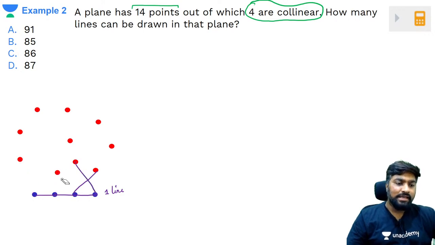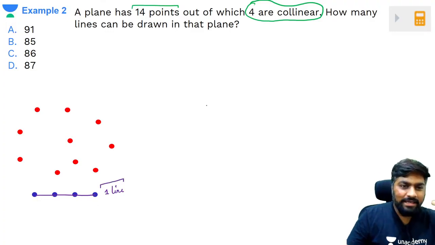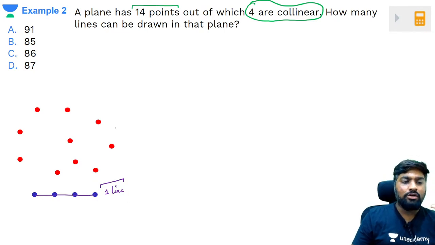So these points cannot be excluded altogether, but we'll have to exclude the possible number of lines that can be formed through this. By understanding of logic, let's say if these 4 points were not collinear, were also non-collinear only.